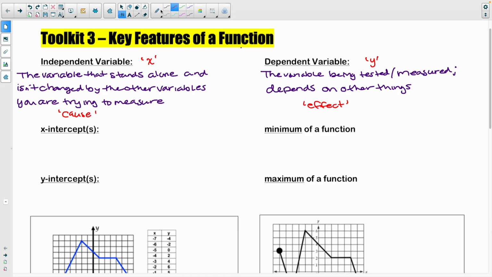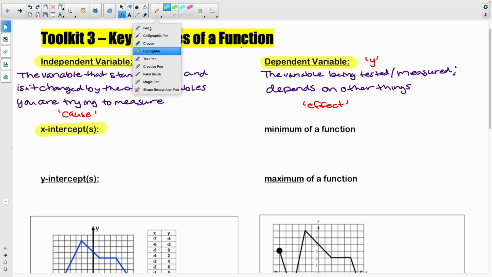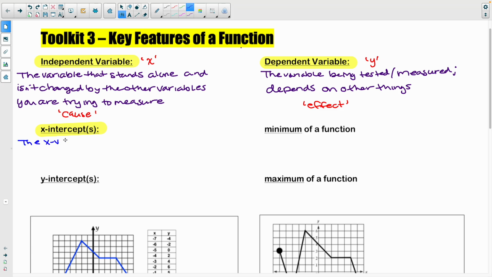Next, we're going to talk about, so these were the independent variable, the dependent variable. Now we're going to talk about the x-intercepts. The x-intercepts are the x values when y is equal to 0.